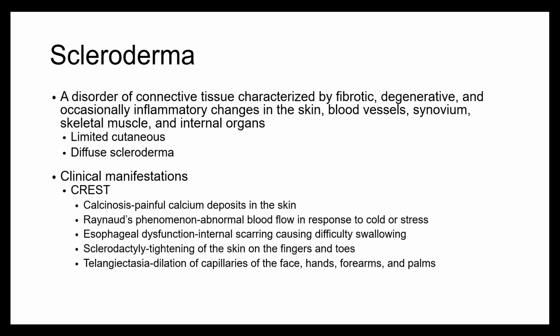One last note that I will make about scleroderma is that with the limited cutaneous form, it only affects the skin, and therefore it generally does not interfere with the individual's lifespan. However, with diffuse scleroderma, which is much less common, this can shorten the lifespan of the individual because not only does it cause hardening of the skin, but it also causes hardening and sclerosing of those internal organs.